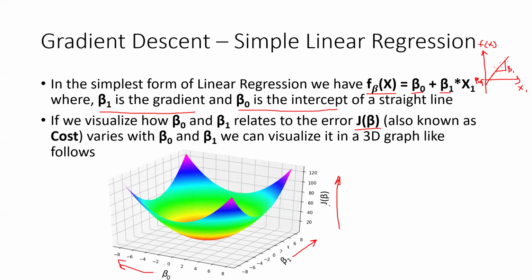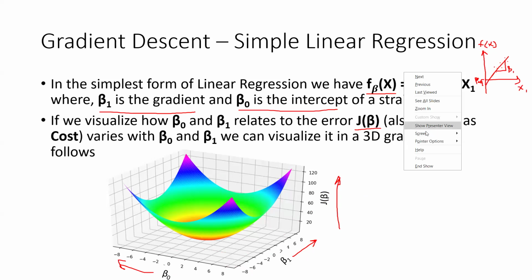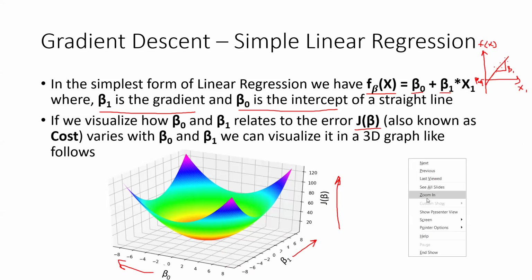In simple linear regression, you can see the curve between beta 1 and beta 0 is as follows, right?